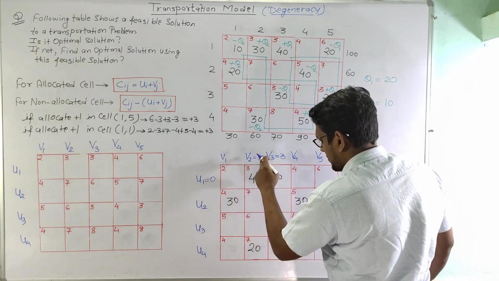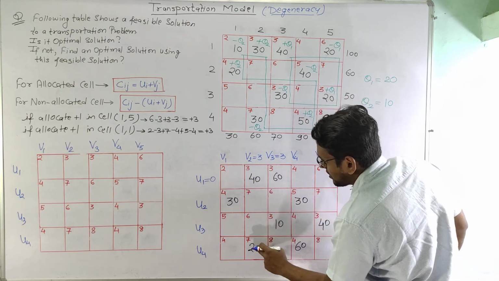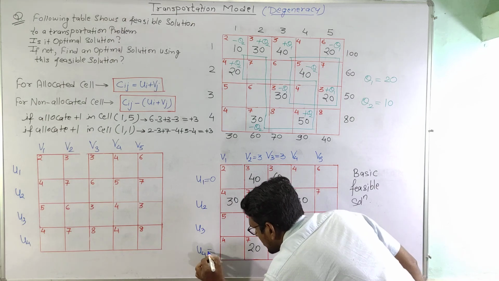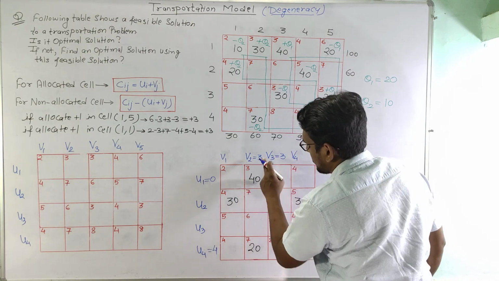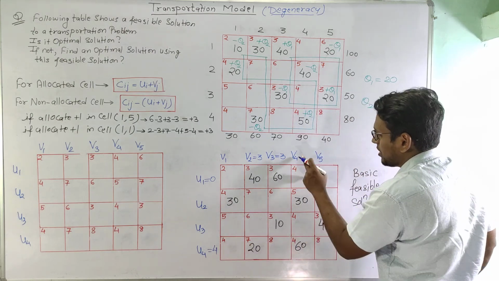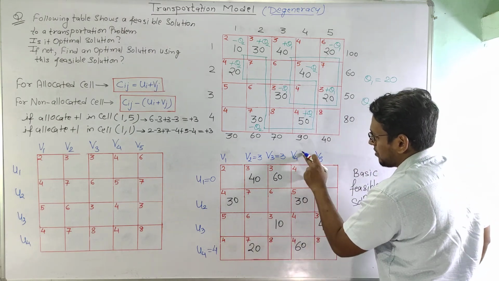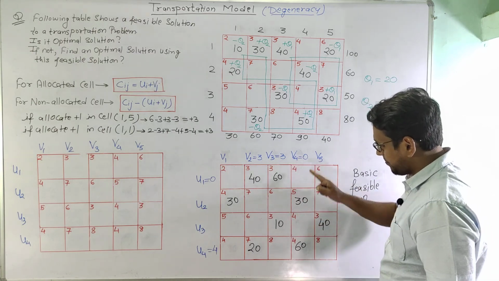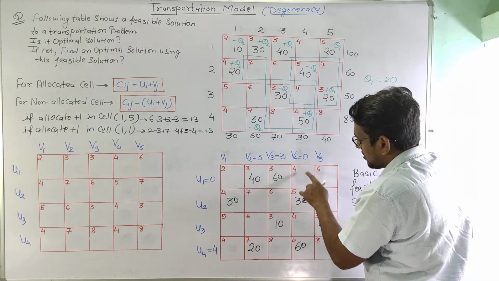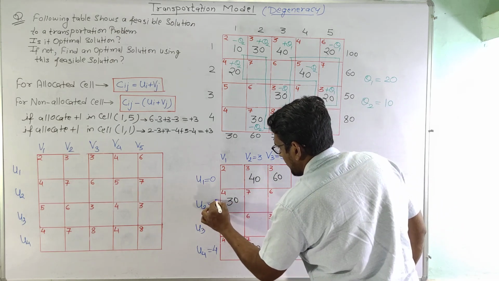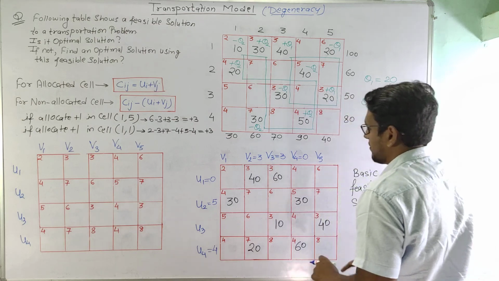Once we have calculated this, this is 3 plus what equals 7? So this will be 3 plus 4, equal to 7. Similarly, 4 plus what equals 4? We know that 4 plus 0 is 4. Similarly, 0 plus what equals 5? 0 plus 5 equals 5.